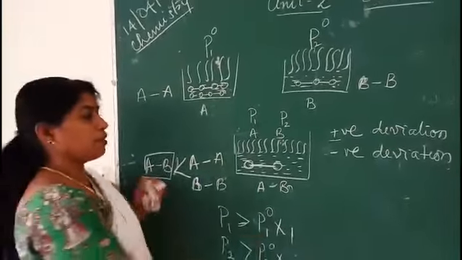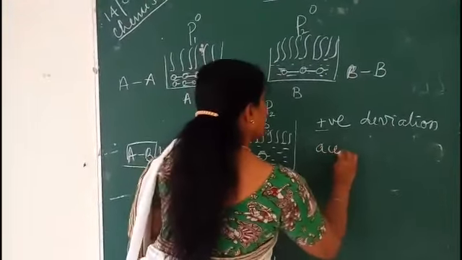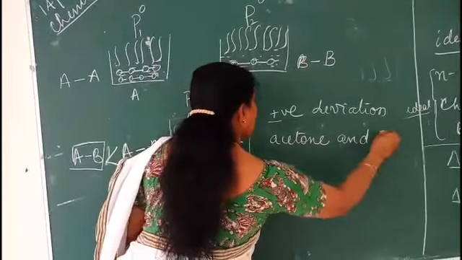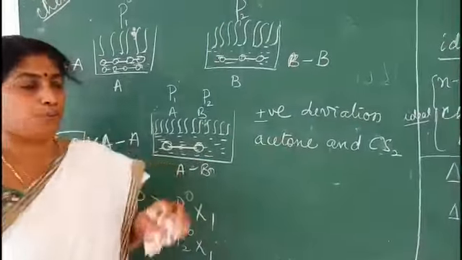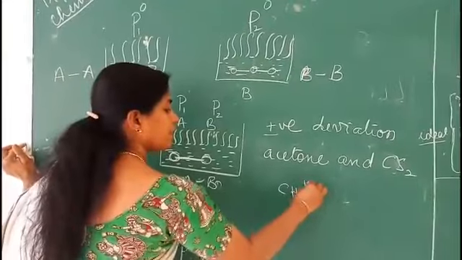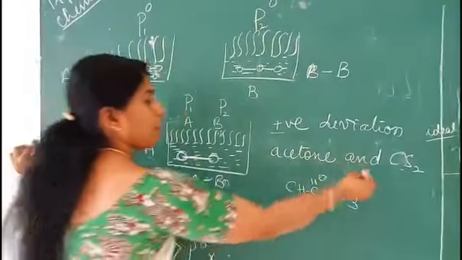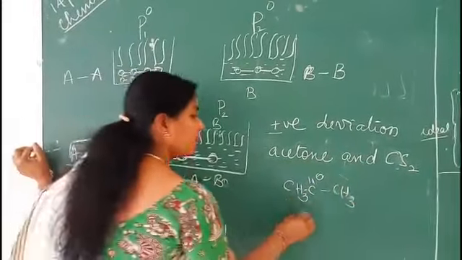Now examples for positive deviation are acetone and carbon disulfide, CS2. Acetone and CS2, carbon disulfide. Both are organic molecules.